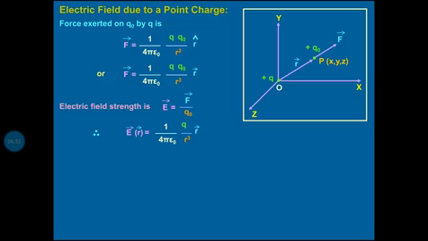From the previous note, as F is written in the second form, the E vector can also be written as 1 by 4 pi epsilon naught Q by R cube R vector. And you can also write E vector as 1 by 4 pi epsilon naught Q by R square R cap.